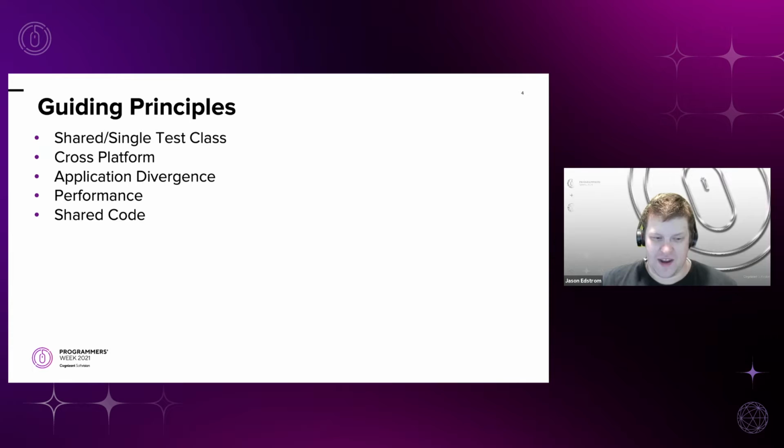You see that a lot of times in login portals, where one device will show it one way, and one device will show it a different way. So that is a good example of needing flexibility. With the application divergence scenario, you need to be able to accommodate that.